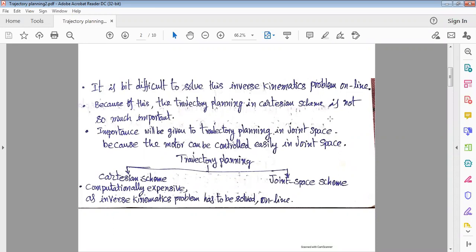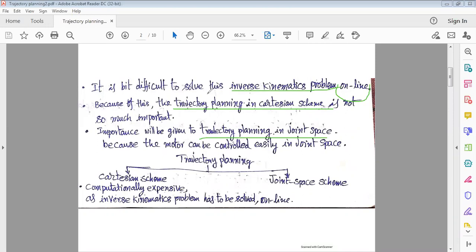So we give the importance to the trajectory planning in the joint space rather than trajectory planning in Cartesian space. The solution of the inverse kinematic problem is a little bit difficult in online calculation. Online calculation means that, program-wise, the solution of this inverse kinematic problem is difficult.